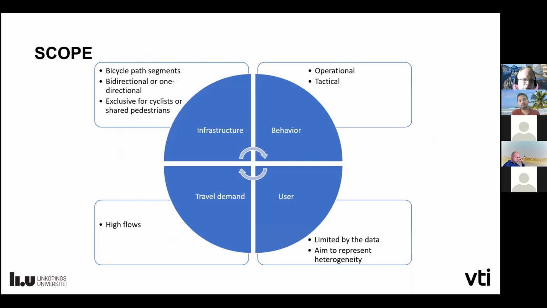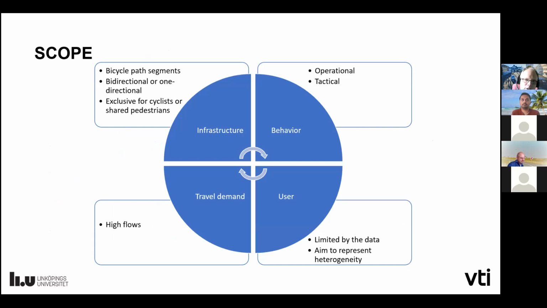So the scope here is that we limit to bike path segments, either bidirectional or one directional, but in principle exclusive to cyclists, or maybe we'll have some that are shared with pedestrians. There are also sometimes pedestrians walking on the bike path, even though they shouldn't.